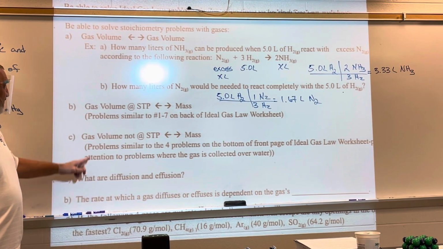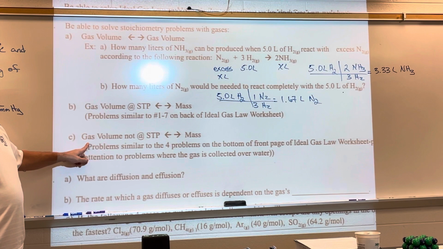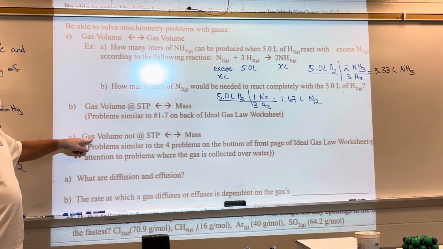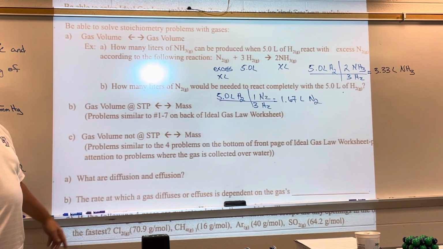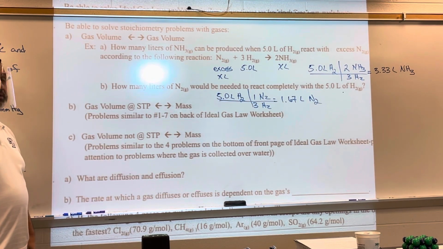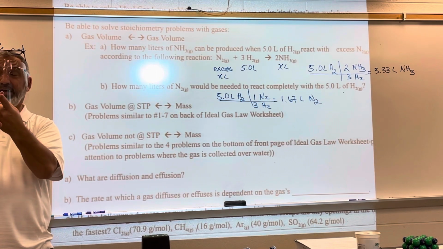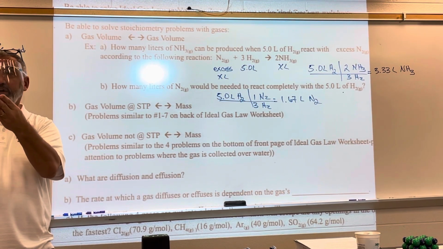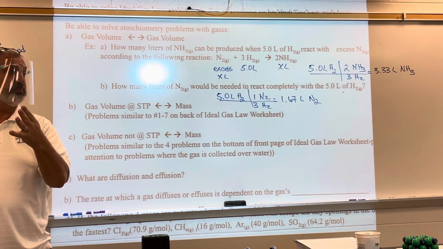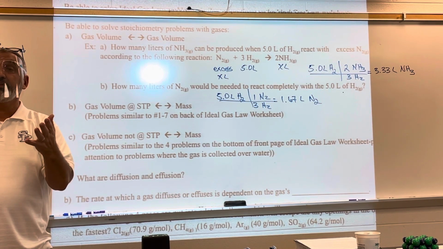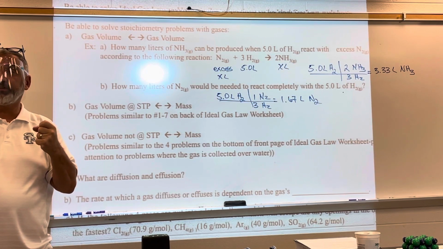Okay? Gas volume at STP, those are the ones we were just looking at, these two on that worksheet. Yes, sir? What is partial pressure? Again, in this room there's a mixture of nitrogen, oxygen, argon, carbon dioxide, and a bunch of other stuff, water vapor. The total pressure is 1 atmosphere.